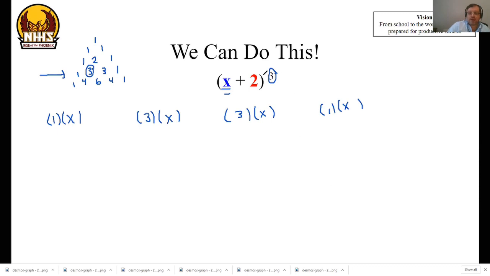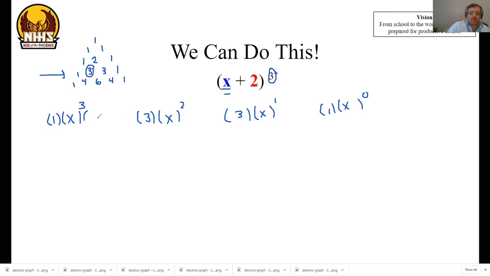I'm going to take my highest exponent, 3, and count down 3, 2, 1, 0. Now, I've got Pascal's numbers, 1, 3, 3, 1. I have my first term, x, x, x, x. And I have my exponent, 3, 2, 1, 0.